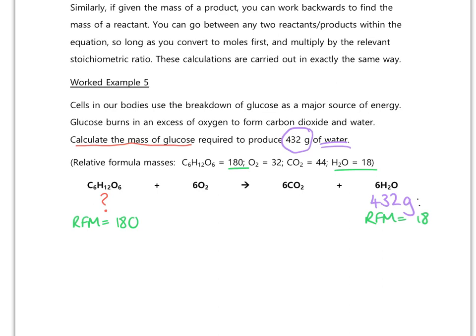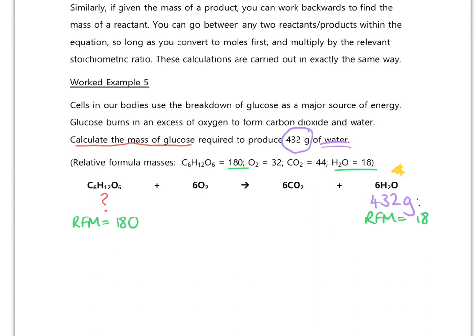Step number 3 then is to convert your known mass into moles. And here's where this question will start to look a little different to what we've done before, because this time our known mass is actually a product. We know the mass of our product, and we're trying to work out the mass of reactant needed to produce that amount of product, to produce that amount of water. So I'm starting here. I start with what I know.